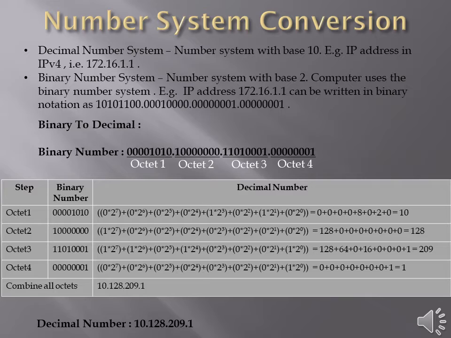In binary number system, this IP address can be written in 0 and 1 format as 10101100 in place of 172, 00010000 in place of 16, which is octet 2.